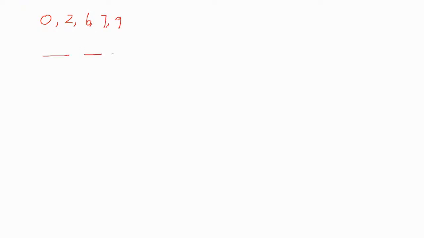In this case, I need to form a four-digit number, and how can I say this number should be an even number? If I get the last digit as an even number, then I can say that the complete value is going to be an even number.